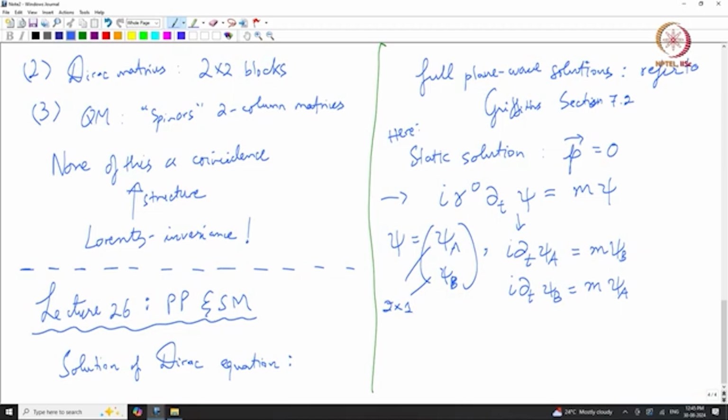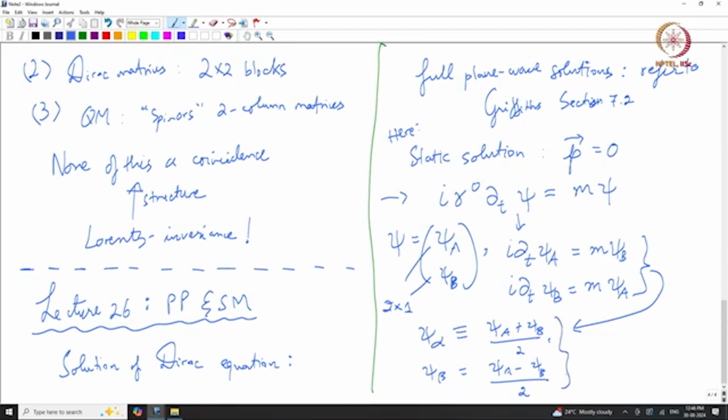So what is the solution? The solution becomes easier to see if we now slightly rotate the basis, okay, and go to a basis where I can define psi alpha as psi A plus psi B over 2 and psi beta as psi A minus psi B over 2, okay.